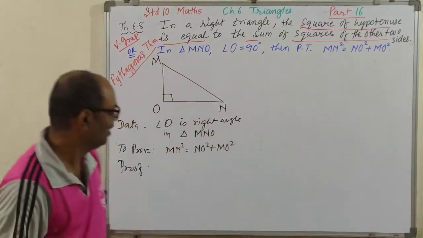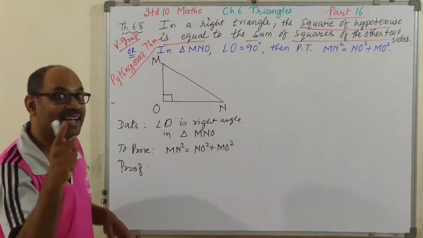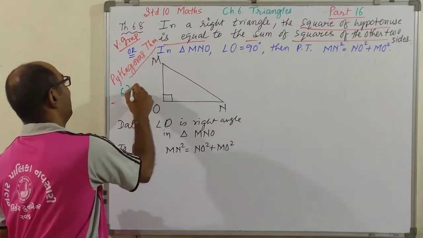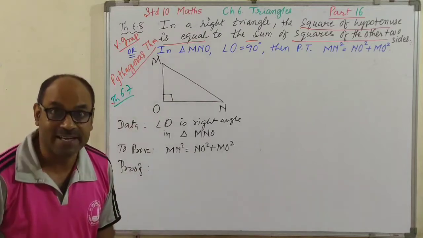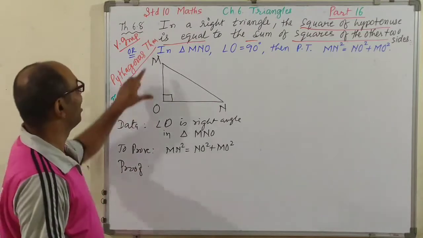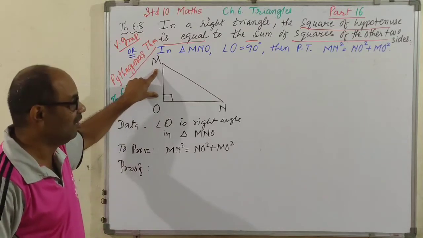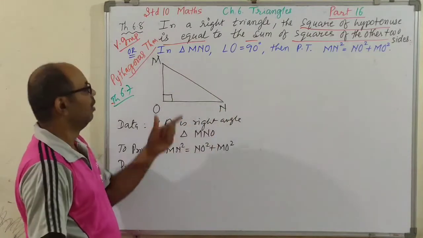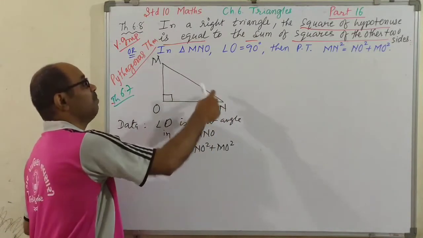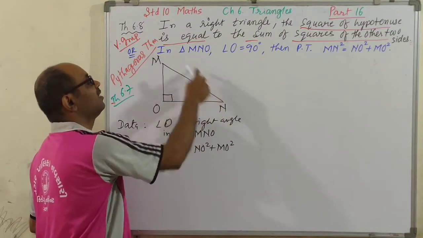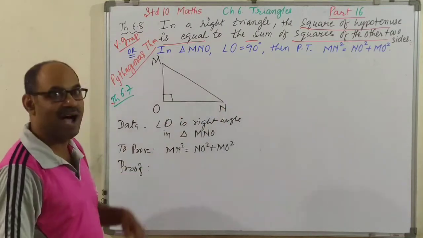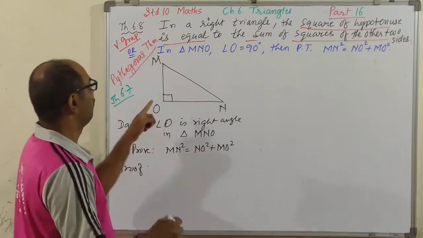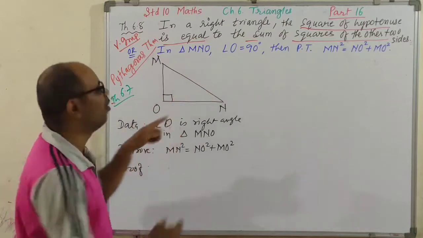Tell me, children, we have seen this, a result which we get from theorem 6.7. From theorem 6.7 we got a result, geometric mean, in which squares come. Now this is one of the sides forming right angle, so you can say MO square is part upon whole, NO square is part adjacent to this side, this into whole. But where are those parts? And those parts we get after dropping perpendicular from vertex O to hypotenuse.